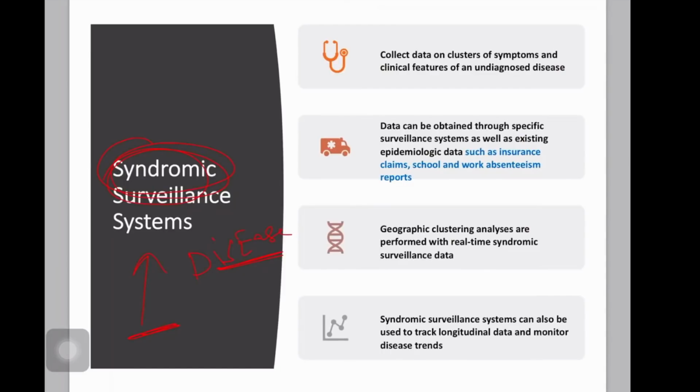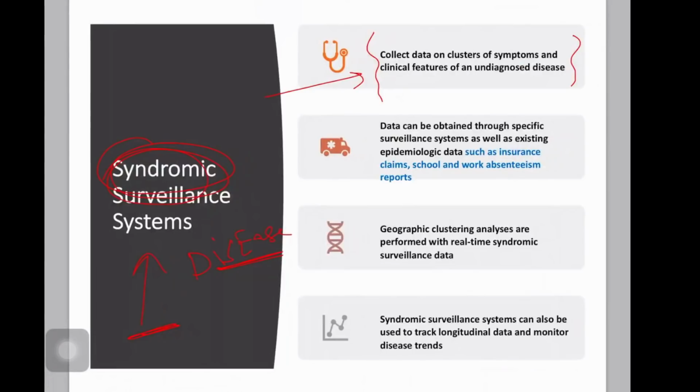Okay, now in the syndromic surveillance system, we collect data on clusters of symptoms and clinical features of an undiagnosed disease, right? So we probably not only focus on one disease, compared to just one case, but we are relating diseases as well, because we are not sure what is the nature of the disease completely.